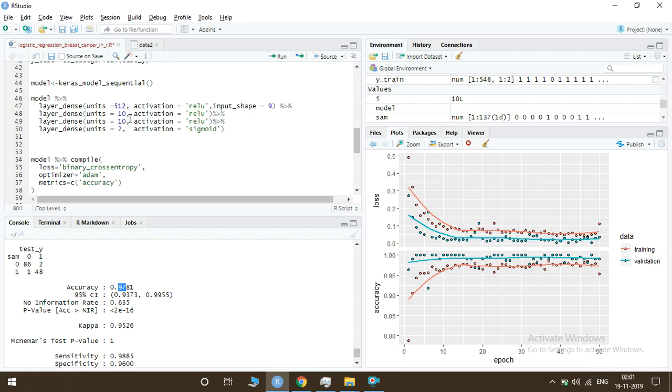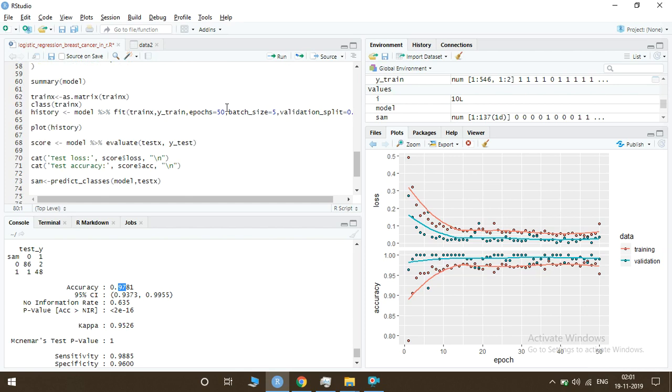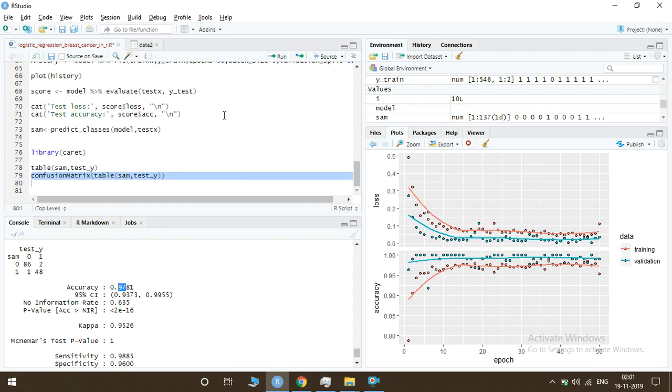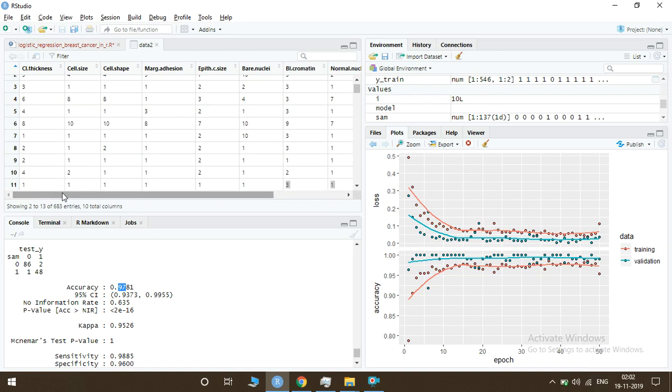You can tweak the number of hidden layers and then recompile it. You can tweak the number of epochs and generate good results. And the best thing I would encourage you to do is just normalize the data and see the results accordingly.